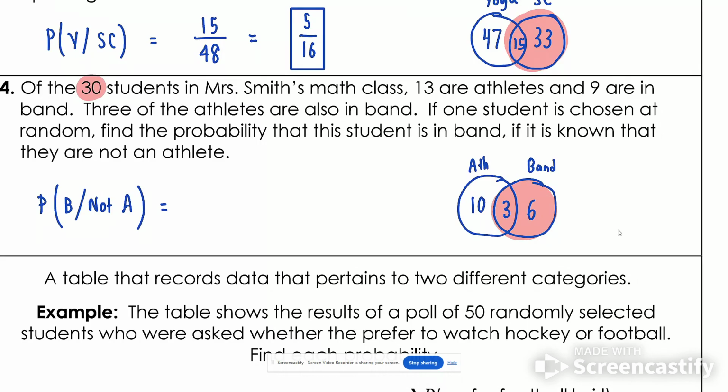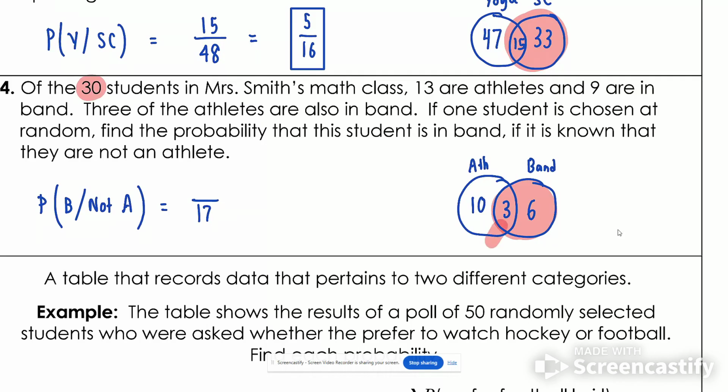There are 13 who were athletes out of the 30 who are in this class. So how many are not athletes? Well, if it's 30 students in the class and there are 13 who are athletes, there are 17 people who are not athletes.